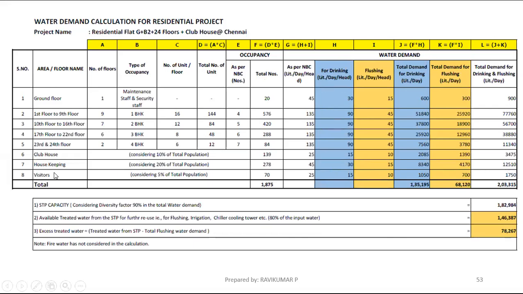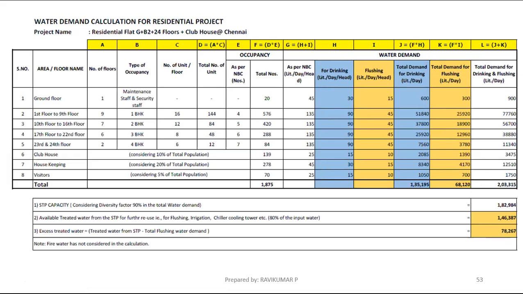For the visitors, how to arrive at the number? You can take 5 to 7%, minimum 5 or maximum 7%. I took the minimum only. In some areas you will get more visitors, more than 7%.